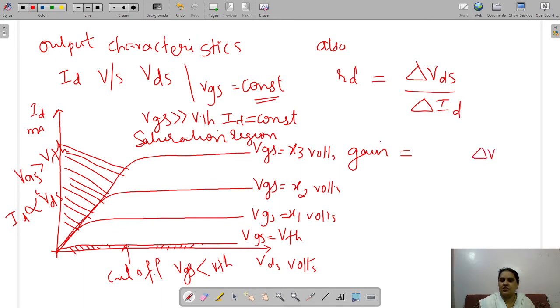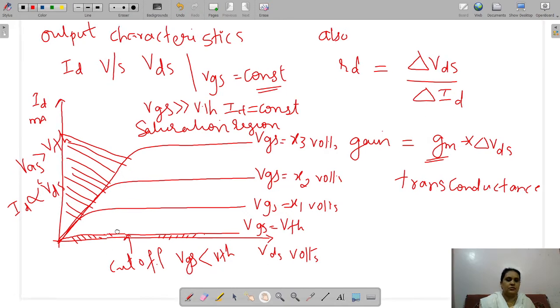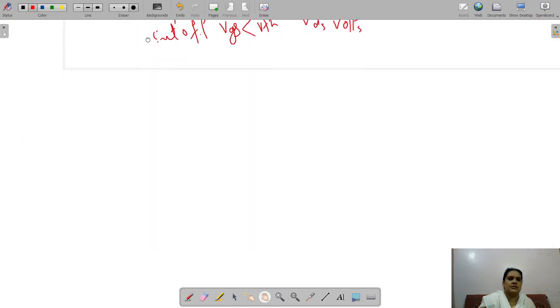It is the change in the output voltage multiplied by a new value, which is called transconductance, and we obtain it from the transfer characteristics. So these we learned from the output characteristics.